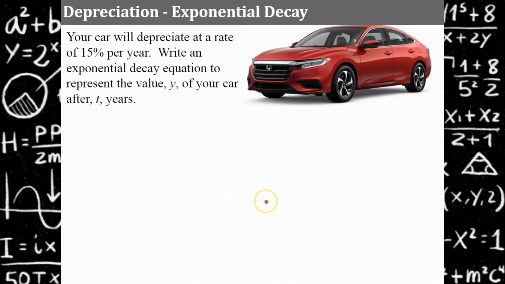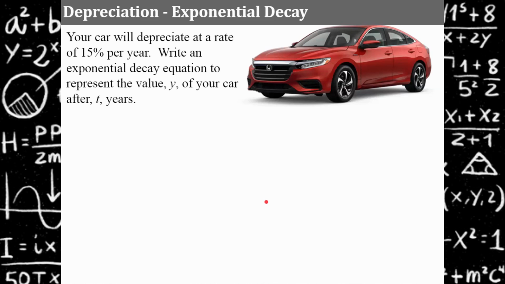All right, now let's complicate things. And this is your real world. As soon as you drive that brand new red car off the lot, it starts to depreciate. Depreciation of a car is an example of exponential decay. Most cars will depreciate at a rate of about 15%. So for today, we're going to use 15% per year.